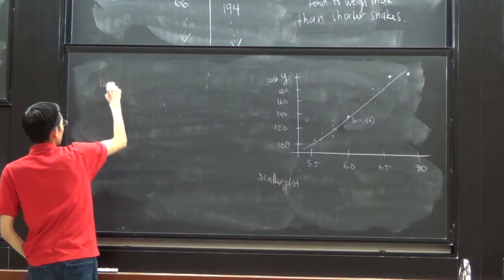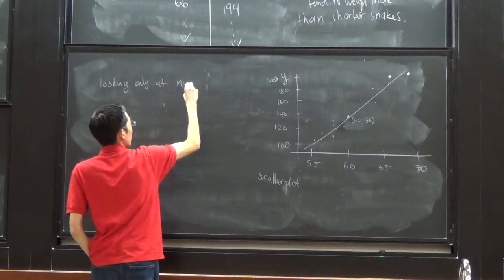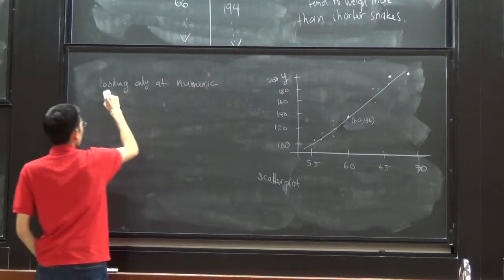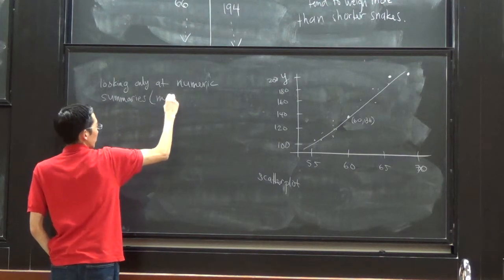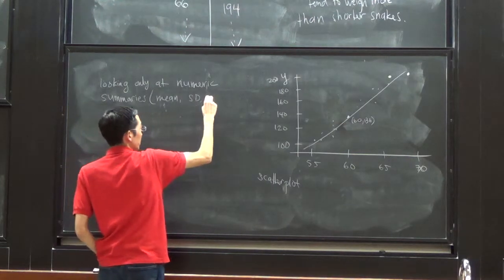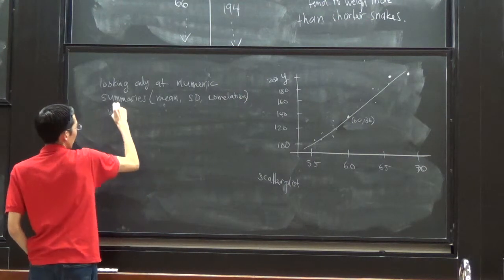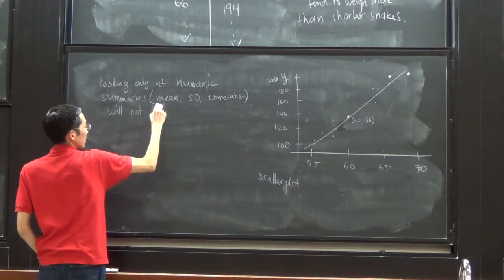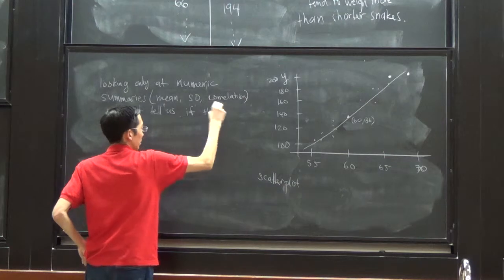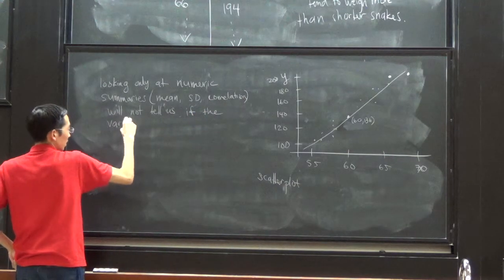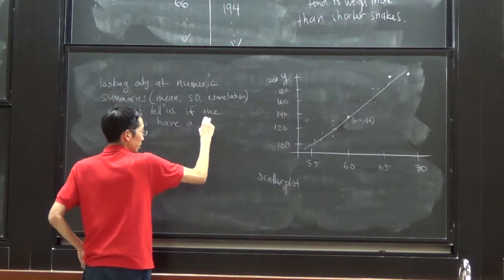So looking only at numeric summaries, mean, standard deviation, correlation, will not tell us if the variables have a relationship.